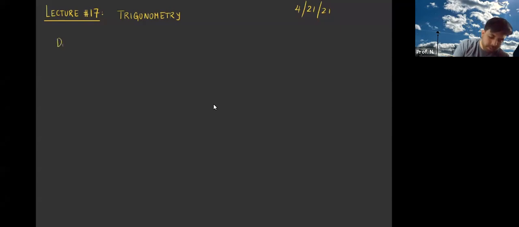Okay, so what have we discussed so far? We've discussed coterminal angles, and we've discussed radians and how it goes from degrees to radians, right?